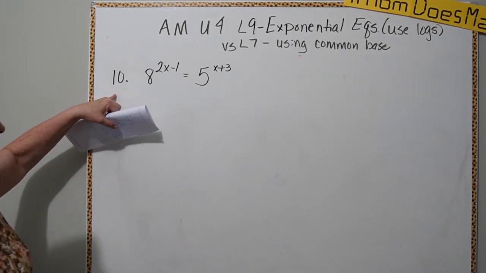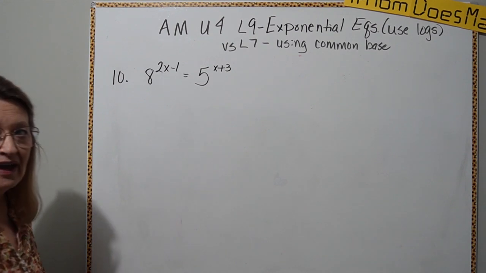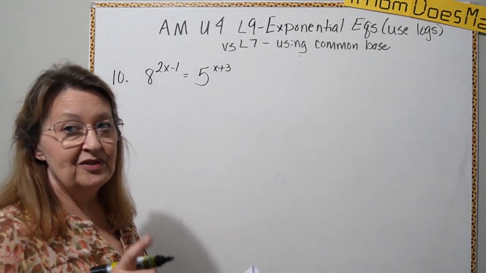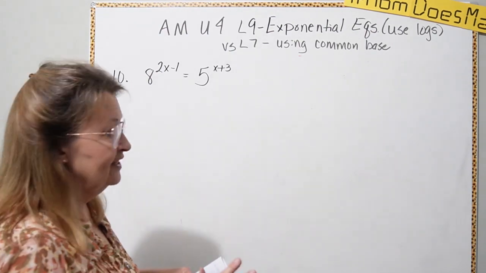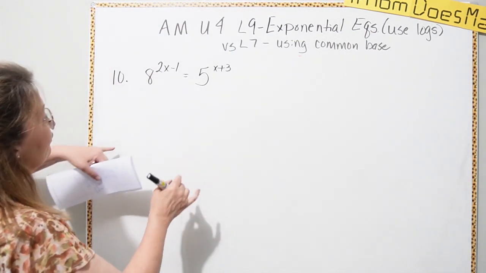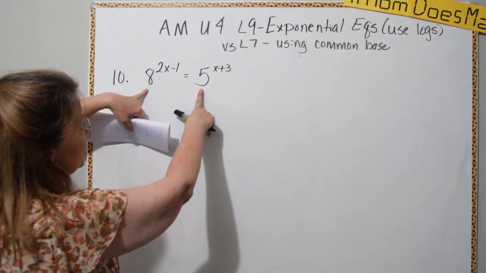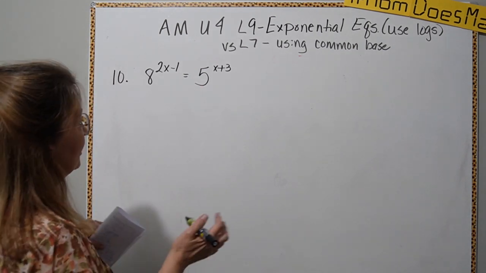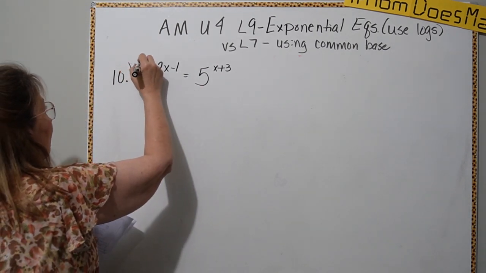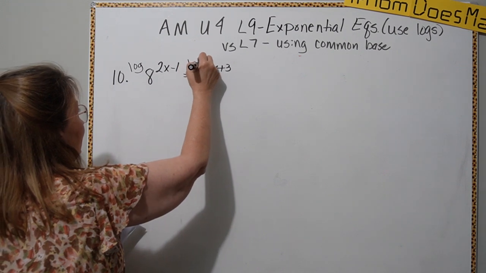Okay, so for number 10, you can see it looks very much like number 9. So we're going to be using that same technique, and you'll see the more you do it, the easier it gets, I promise. All right, we identify the fact that we have two exponentials. They're already isolated. We can't get a common base, so let's go ahead and take the log of each side.